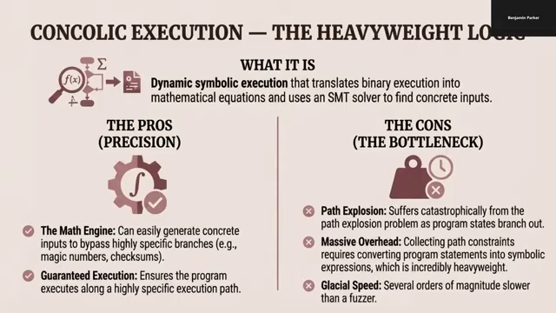Instead of blindly guessing numbers like the fuzzer, it executes and translates a raw compiled binary into an intermediate representation. By tracking the user input throughout the program and how it changes and where it goes, it's able to create a mathematical formula that another mathematical engine will be able to solve.